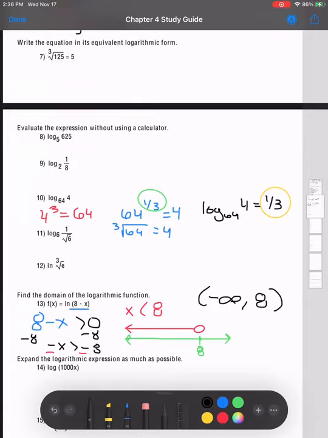And the 8 is going to have a parenthesis because it's not included. If the inequality symbol had a line under it, so if it was less than or equal to, it would be a bracket, but it's not. So you have the parenthesis indicating that it's not including 8, and with an infinity symbol, you always have the parenthesis, never a bracket.